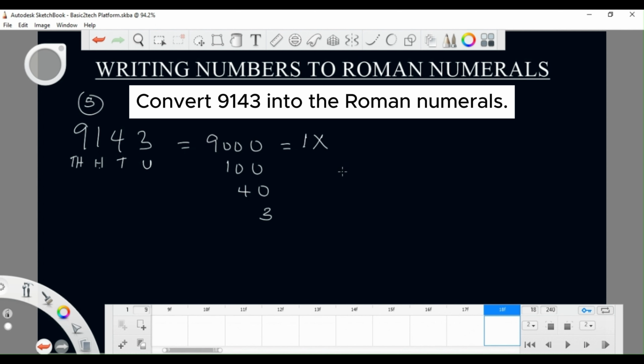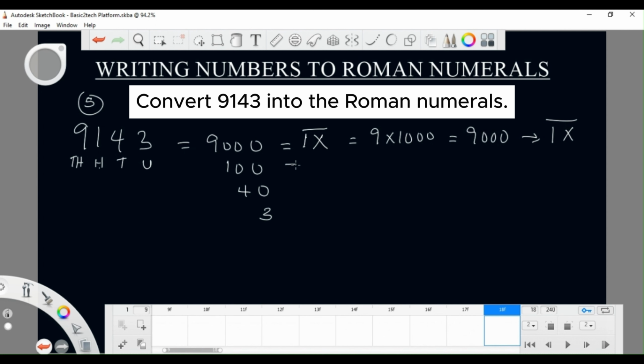And remember, to get 9,000, we have to put a bar over the X. So bar X means 9 times 1,000, which gives us 9,000. So 9,000 is equal to I bar X.